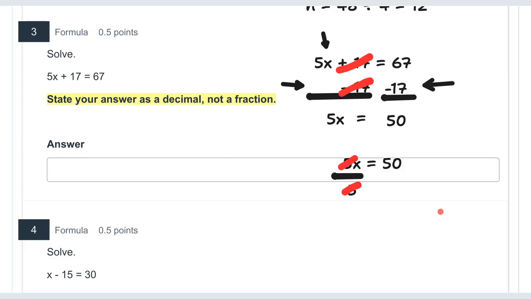And since I divided the left side by 5, then I have to divide the right side by 5. So divide this side by 5 as well. And then I'm going to end up with x is equal to 50 divided by 5, which is 10.